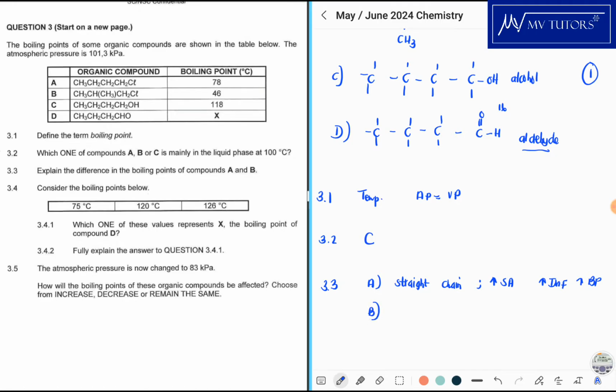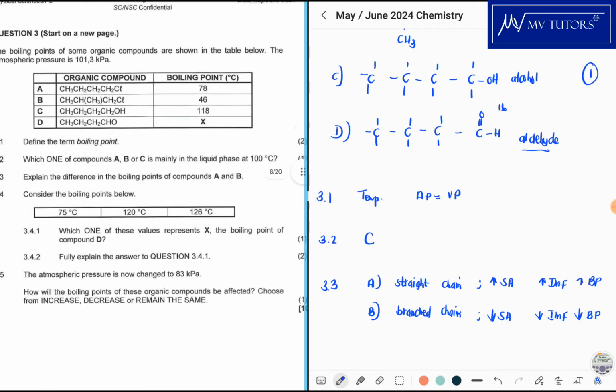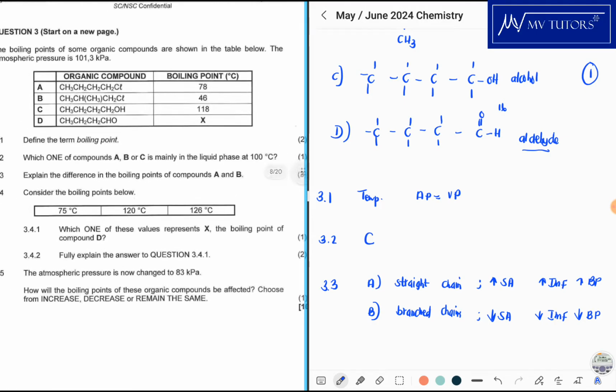Now B, on the other hand, is a branched chain. Some would say that it's spherical, but it has a branch, and because of that it has a lower surface area, and compared to A it has lower intermolecular forces, therefore its boiling point would be less. How many marks? 3 marks. I think this would be fine for 3 marks.